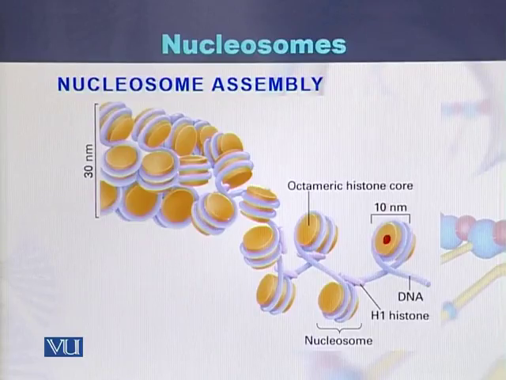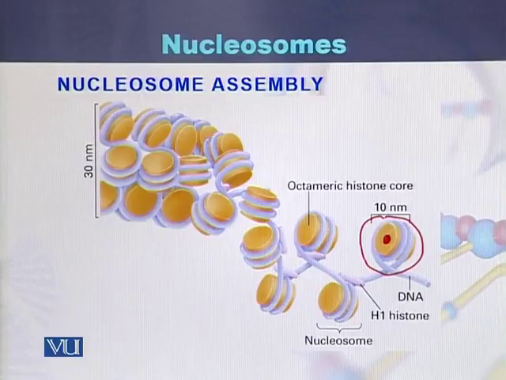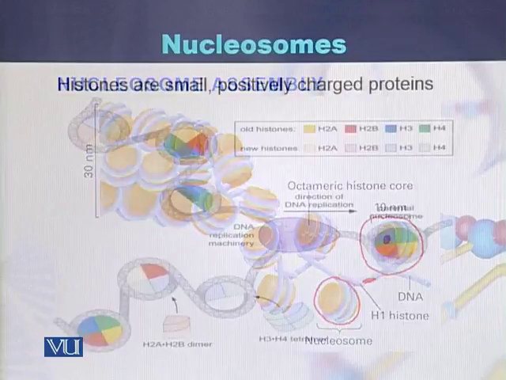DNA is wrapped around the 8 molecules of histone, and this structure is called a nucleosome. The DNA which is present between two nucleosomes is called linker DNA.